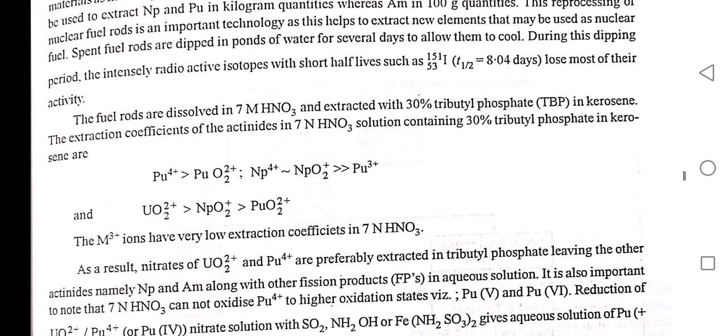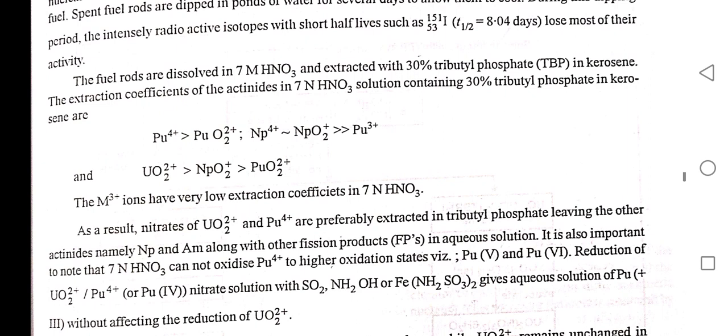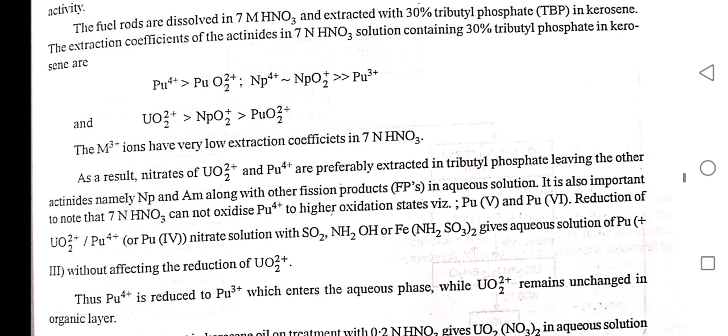The fuel rods are dissolved in 7M HNO3 and extracted with 30% tributyl phosphate in kerosene. In 7M HNO3 solution containing 30% tributyl phosphate in kerosene, the M3 positive ions have very low extraction coefficient.